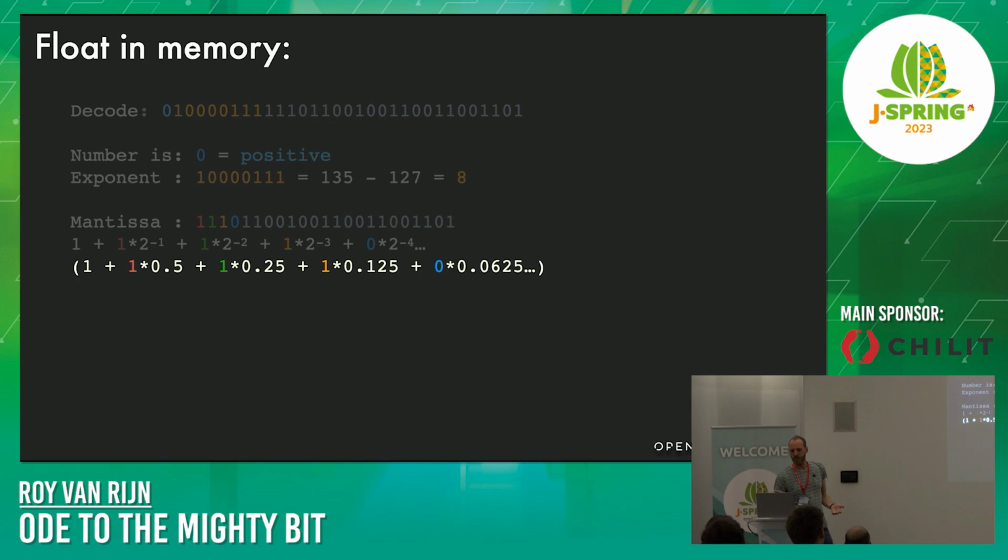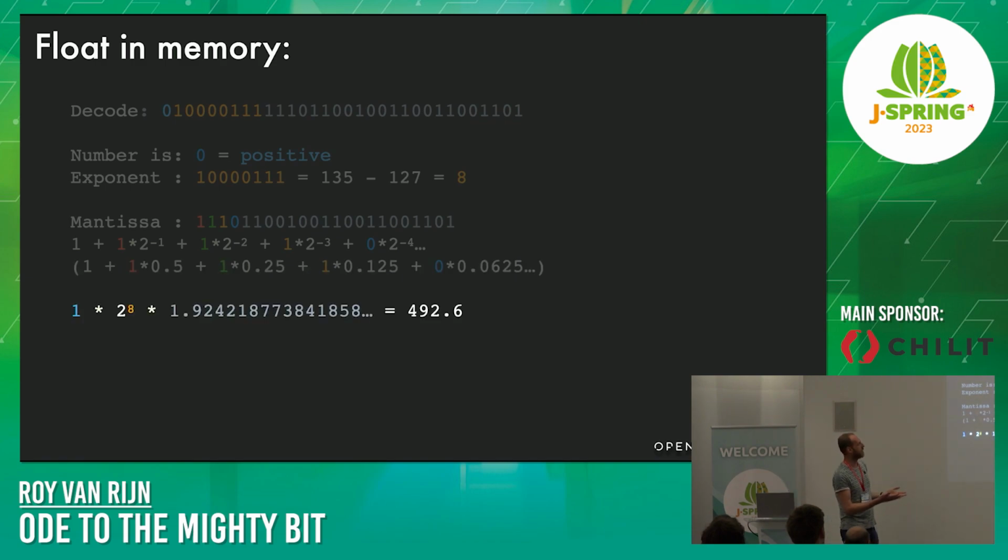So if it's true, we add a half, we add a quarter, we add an eighth, we don't add a 16th. That's what we do. So we end up with this number for the mantissa. This is the exponent. So the bits you actually saw here was the number 492.6. Sure.